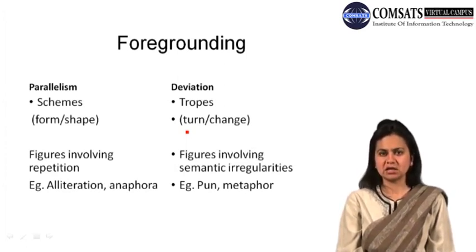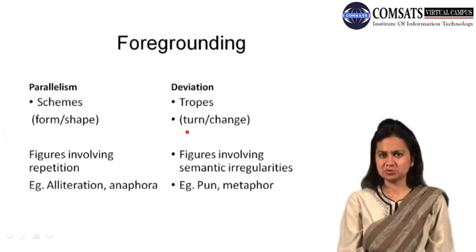And among tropes we can include figures or devices which involve semantic irregularity. Now semantic irregularity, as the word semantic is related to meaning. Semantics is the study of meaning.